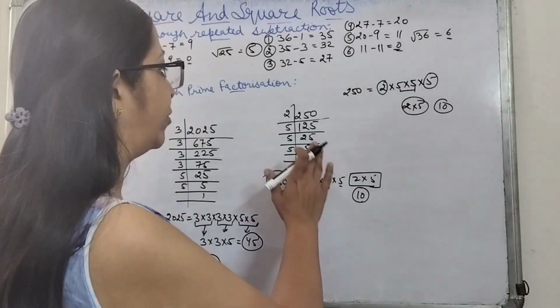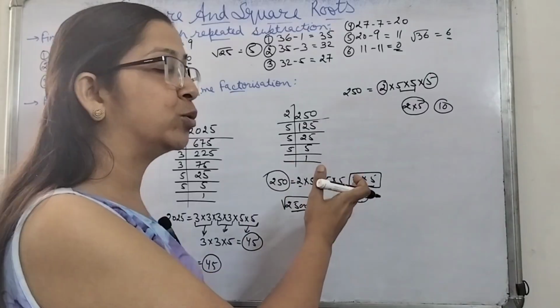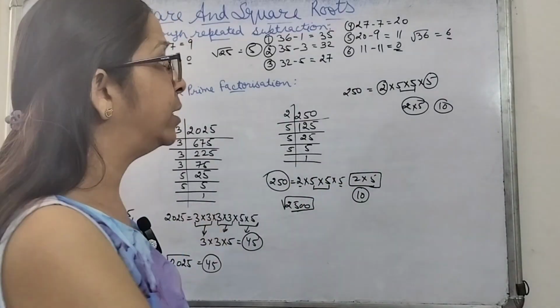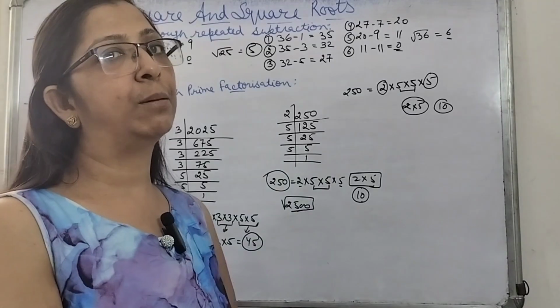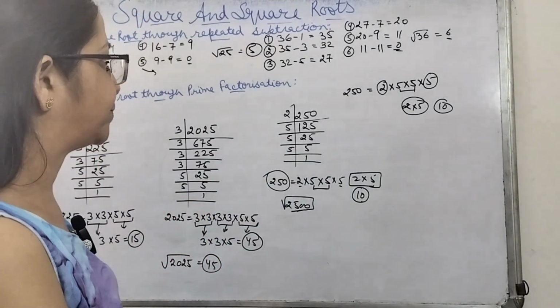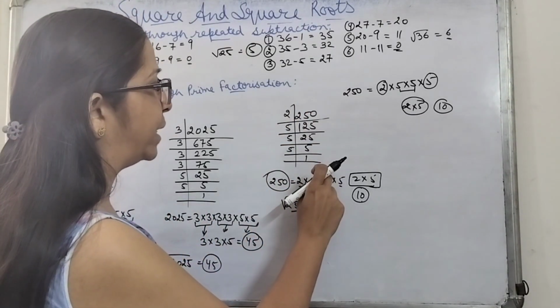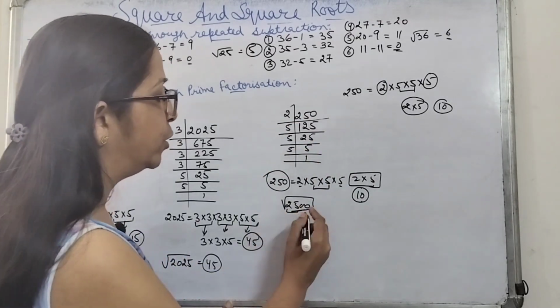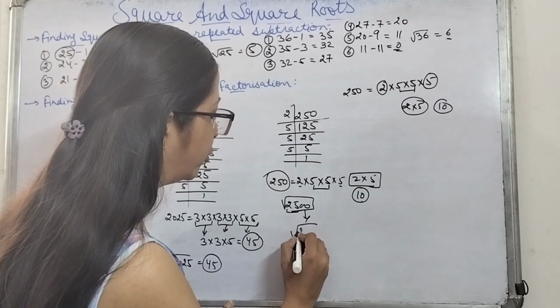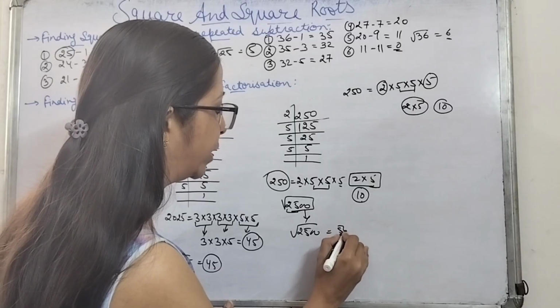By the same number we multiply so that the number becomes a perfect square, and we divide by the same number so that the resultant number becomes a perfect square. If we multiply 250 by 10, it becomes 2500, and the square root of 2500 is 50.